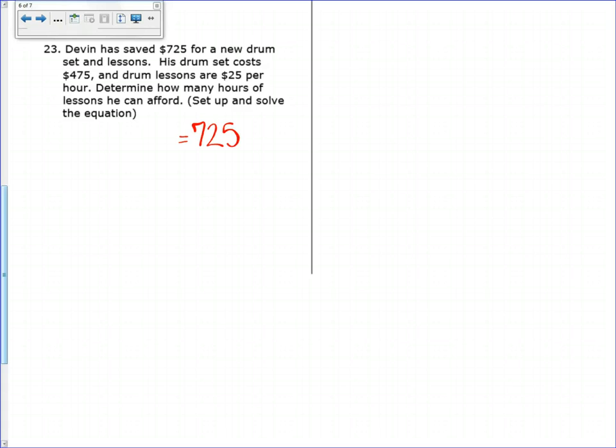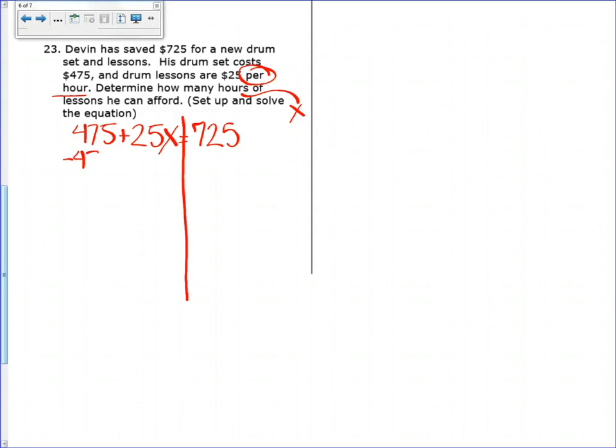His drum set is $475, and he's paying $25 per hour for his lesson. We're looking for the number of hours, so that's going to be our x. So our equation is 475 plus 25x equals 725.